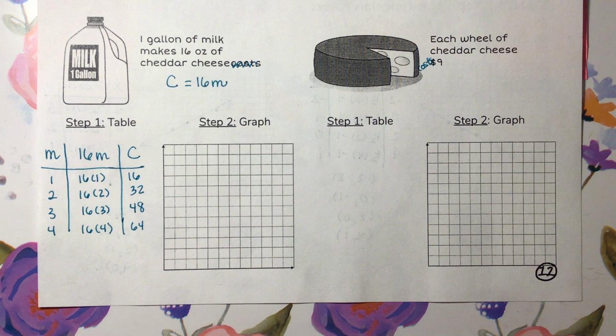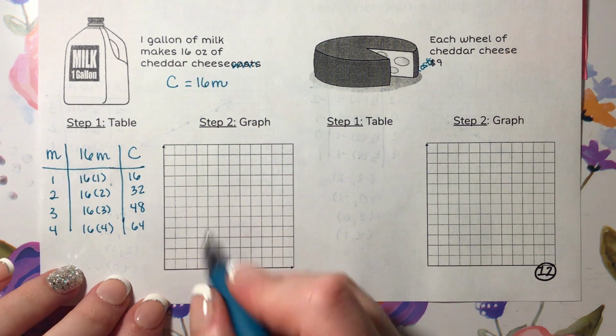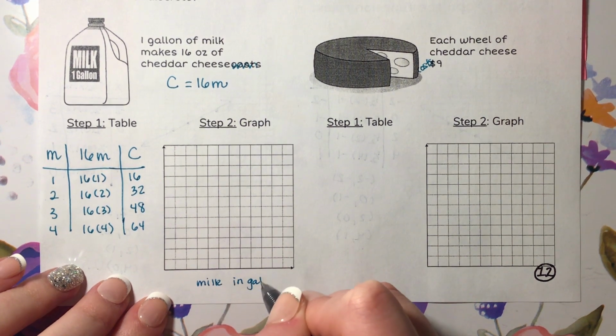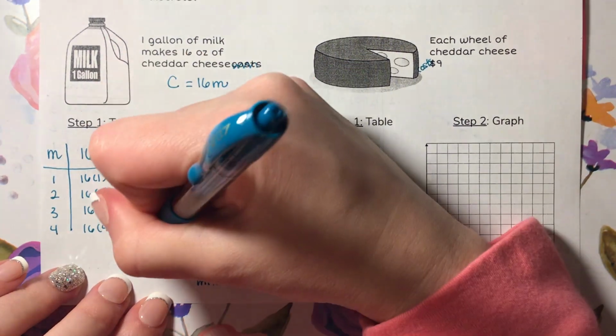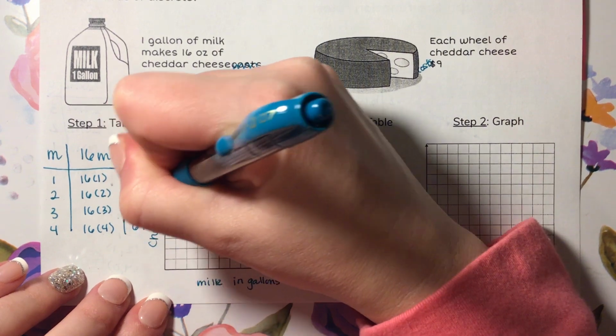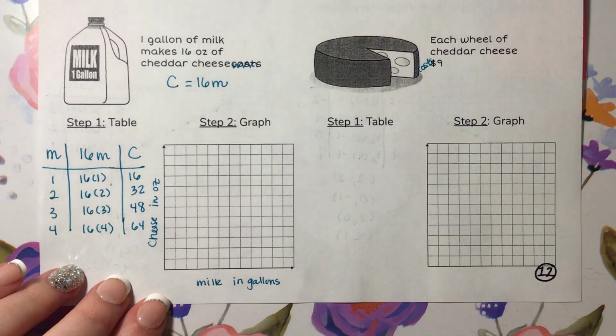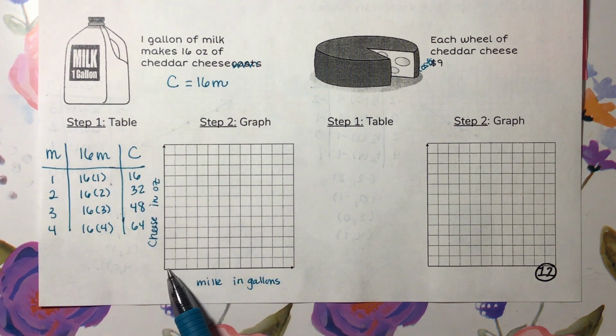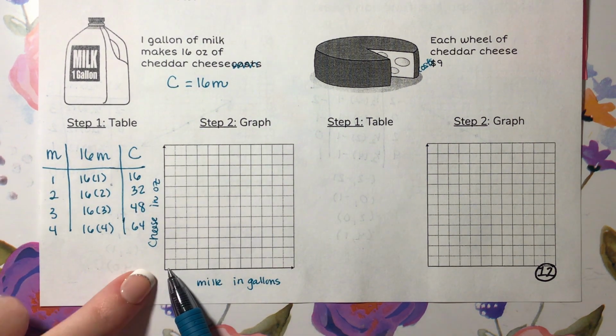Now it's time to graph. So I'm going to label my axes and figure out my units. The bottom is going to be milk in gallons, and the side is going to be cheese in ounces. Now, because this graph isn't super big, I'm going to label these by eighths.